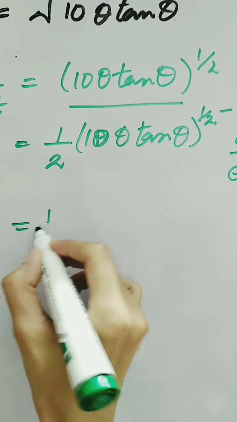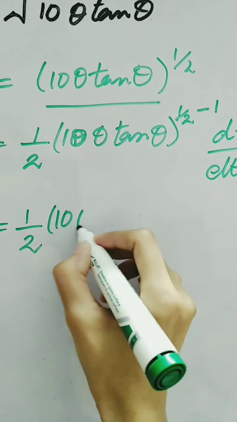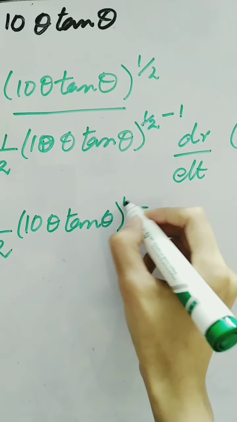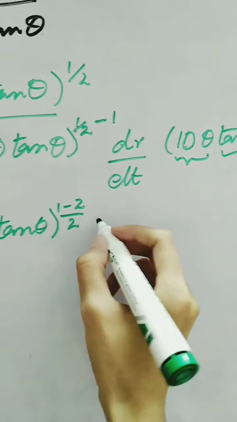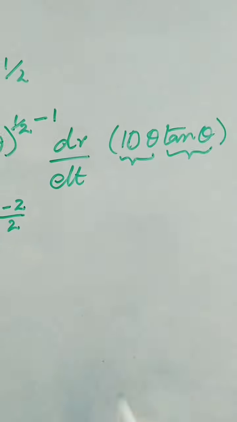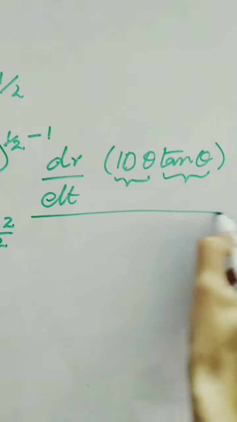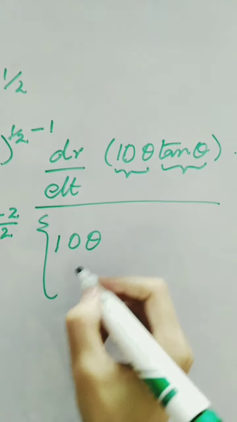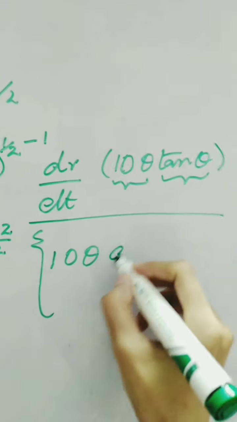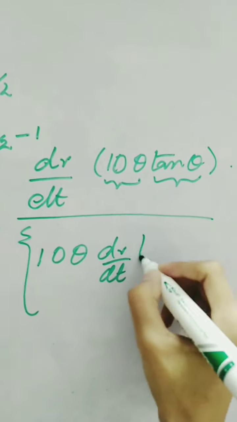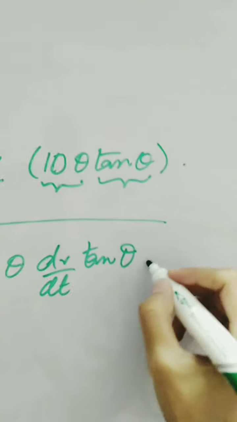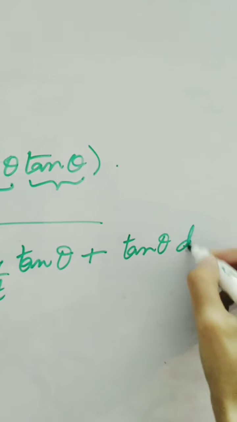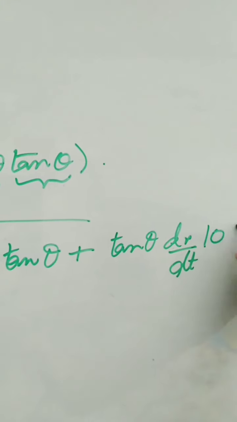Here we have 1 over 2 (theta tan theta) to the power minus 1 over 2. Now applying the product rule for this expression, first of all, we keep theta outside and take the derivative of tan theta, and then plus, we keep tan theta outside and take the derivative of theta.